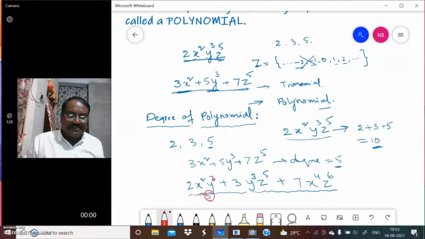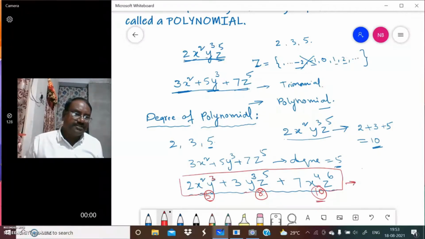In the second, 3y³ z⁵, the degree of this second term is 5 + 3, 8. And in the third term, 4 and 6 is 10. So the degree of the total polynomial is the greatest degree of any monomial. Here 5, 8, 10. In these three, the greatest is 10. So the degree of this total polynomial is equal to 10.